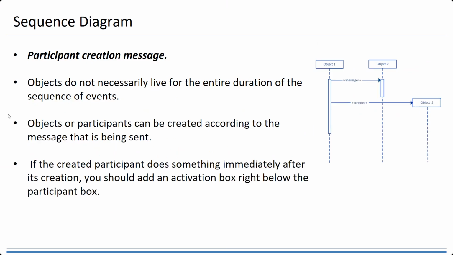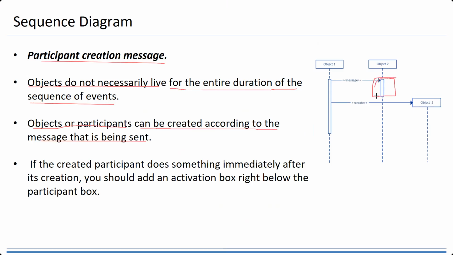Participant creation message. The participant creation message means objects do not necessarily live for the entire duration of the sequence of the event. Objects or participants can be created according to the message that is being sent. So here I can say this is the participant creation message.